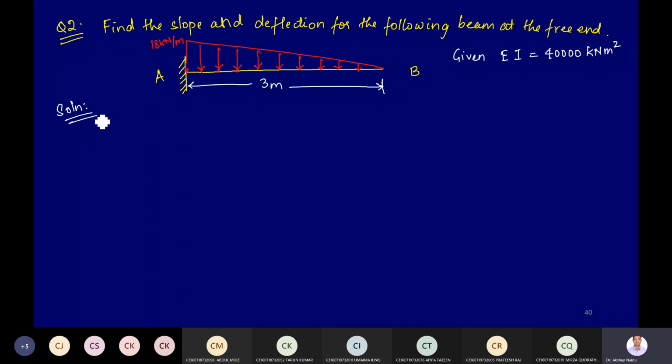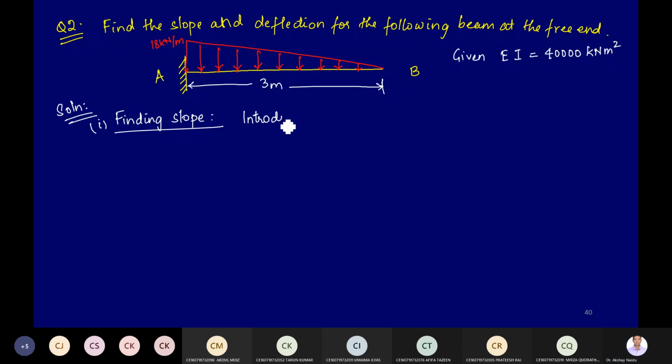So solution. First, finding slope. So this is the first part.